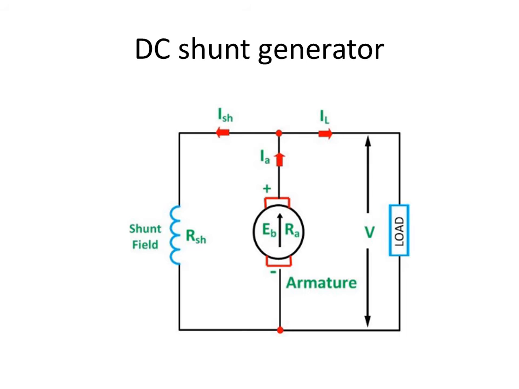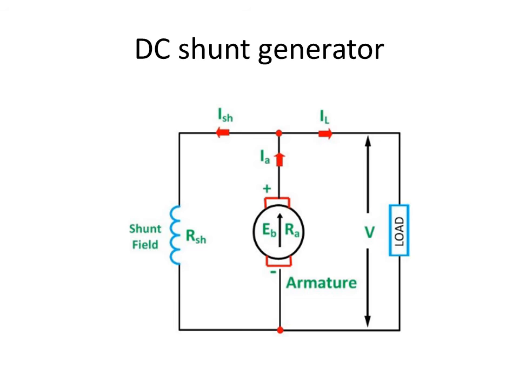The armature has Ra, the resistance of the armature conductor, and Ia, the current flowing through the armature conductor. The load is the load side, where V is the terminal voltage available across the load.